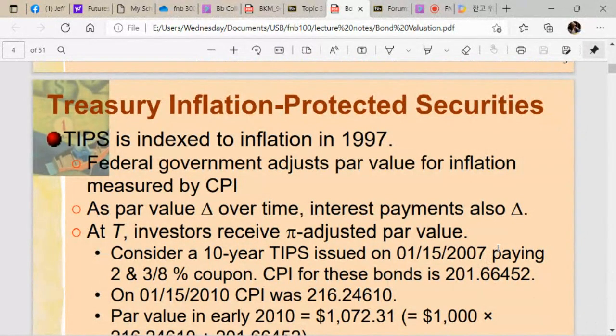And there are three broad types of measures of inflation. The first is CPI. The second is PPI, the Producer Price Index. The third is the GDP deflator.